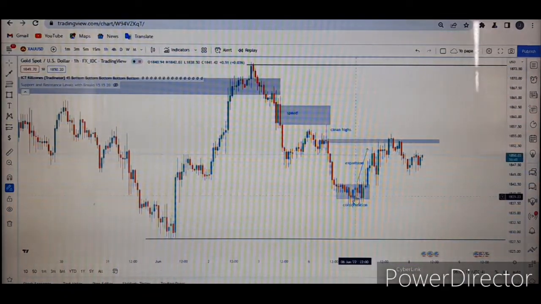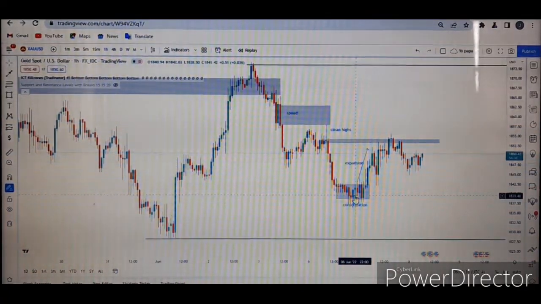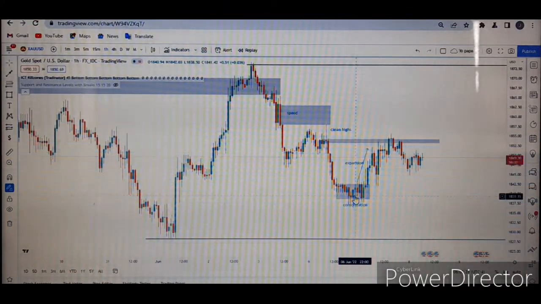So we had consolidation here, right? After consolidation, the market will always go to an expansion. It never goes from consolidation to retracement or consolidation to reversal. No, the market goes from consolidation to expansion. In this industry, patience is a skill that you have to master.